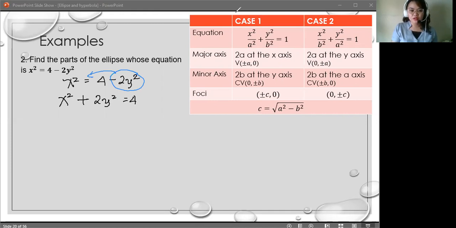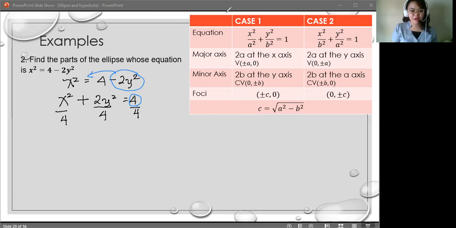Next, you would also notice that the cases are equal to 1, but in our example, it's still equal to 4. So what should we do? Okay, we have to divide all terms by 4. Wonderful.